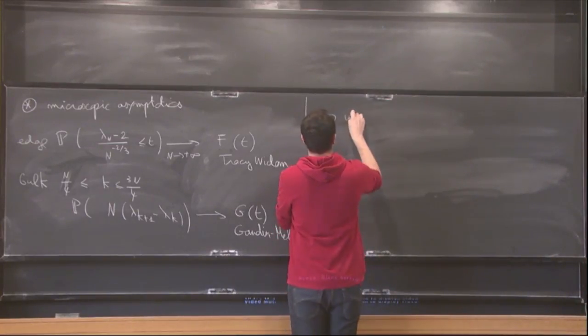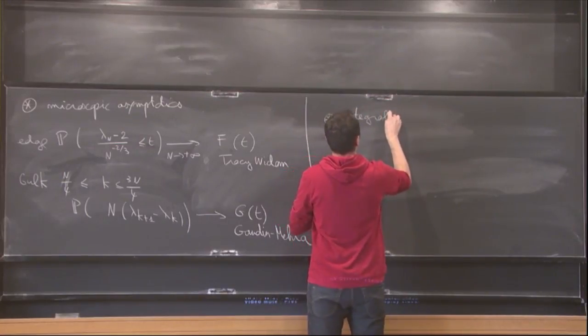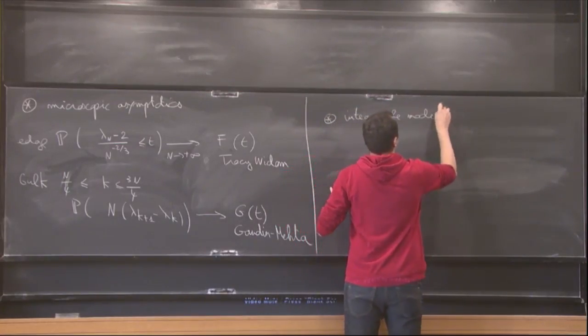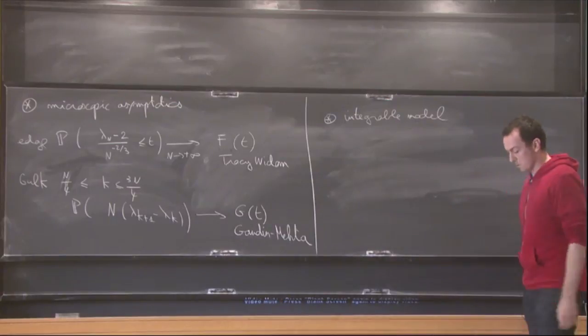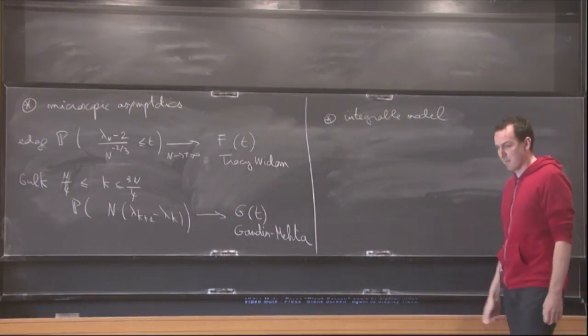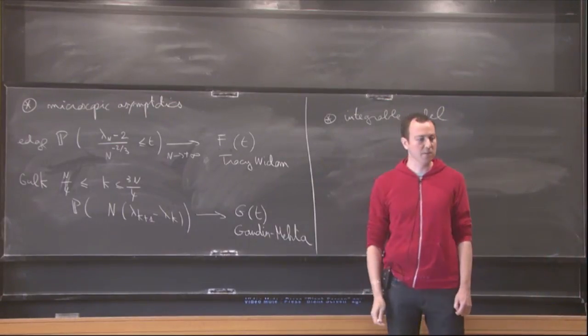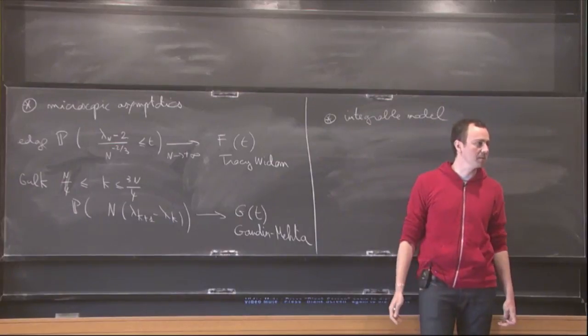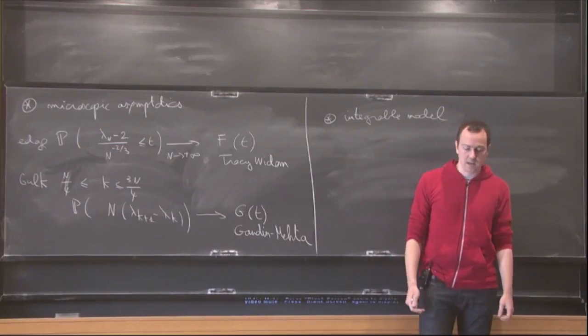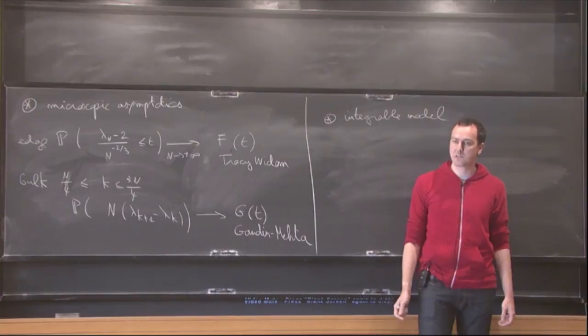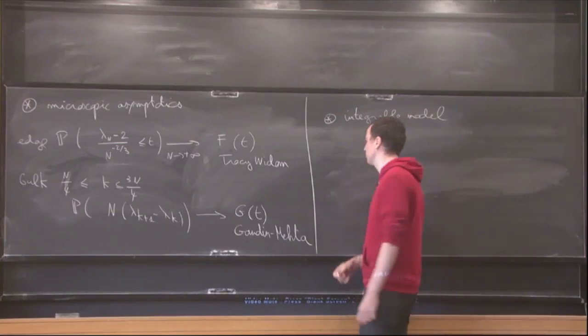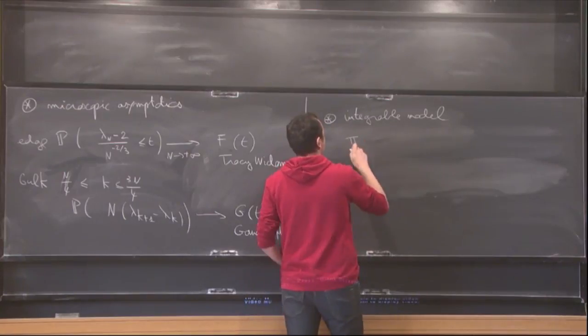One integrable model, and it's work by Baik, Deift, and Johansson, is about taking a random permutation uniformly for n objects and considering the following problem: the greatest increasing subsequence of this random permutation. So of course we can get some example.